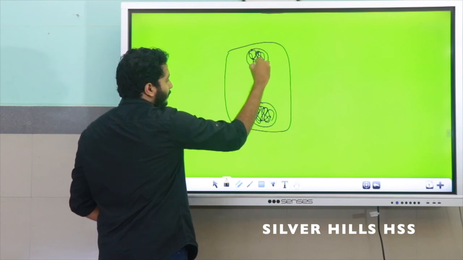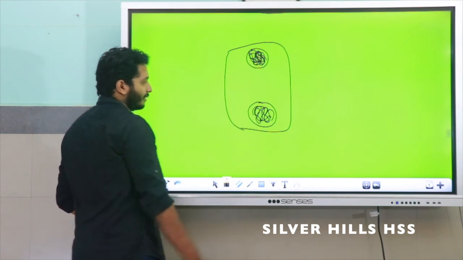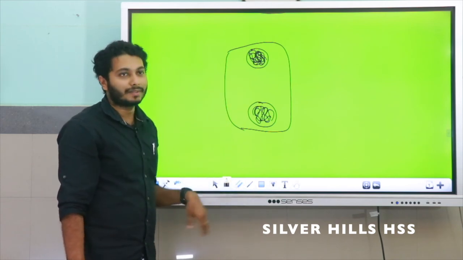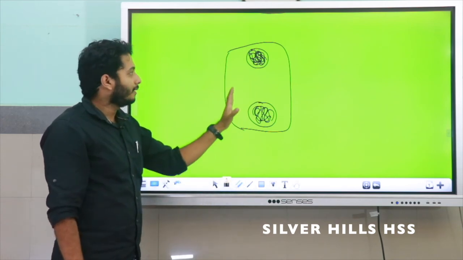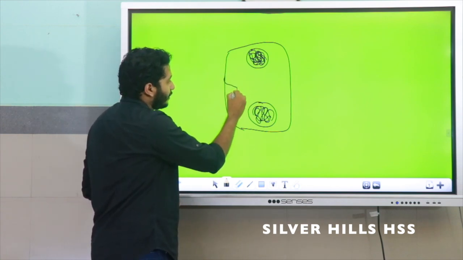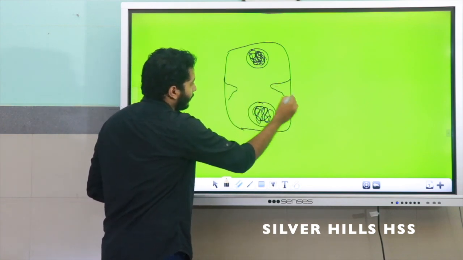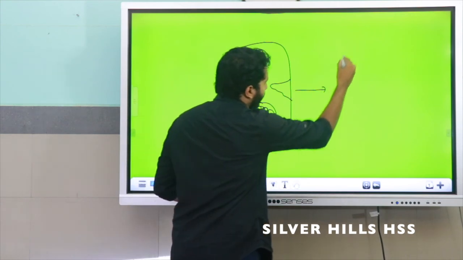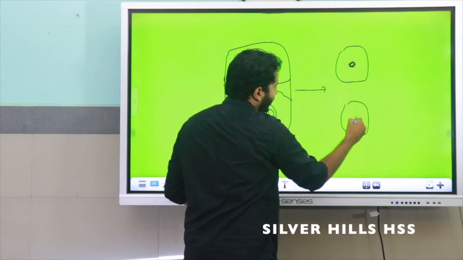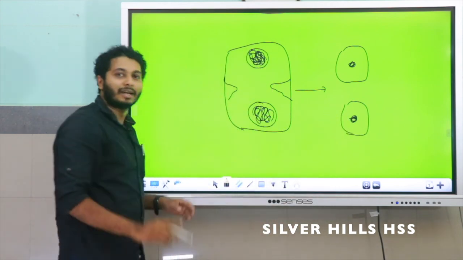Now you can see two nuclei are formed inside the same cell. After a span of time, the cytoplasm also starts to divide, and finally from one cell two daughter cells are formed, and hence the mitotic cell division is completed.